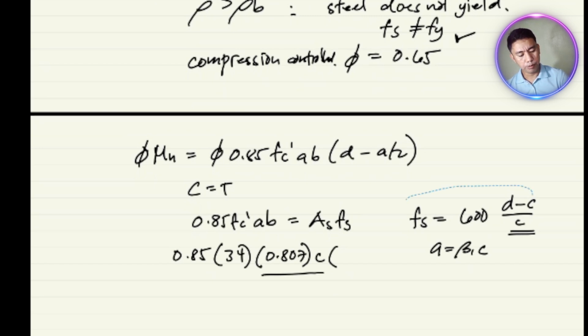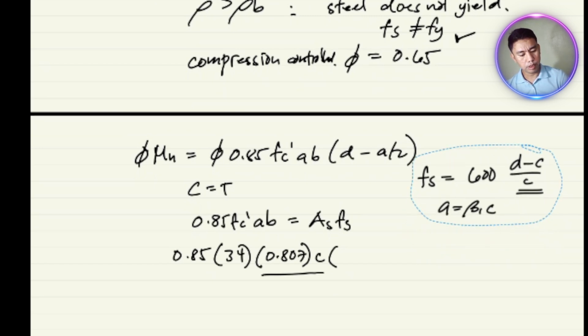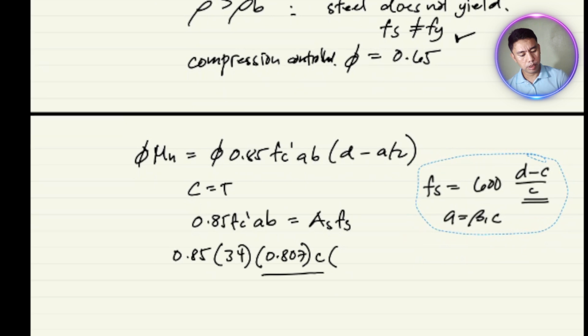Let me move this one. So, ang b natin is, we have a value of 300. Ang As natin, nakasolve na tayo ng As, 5538.96.